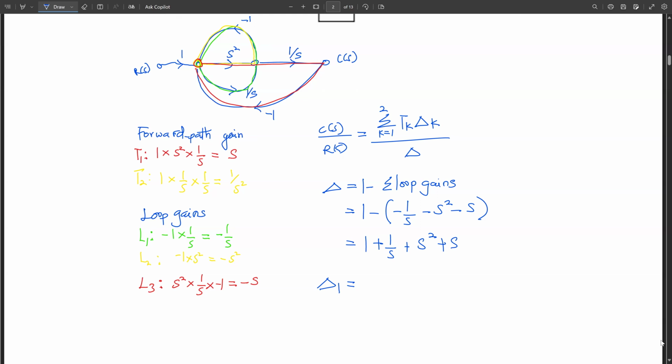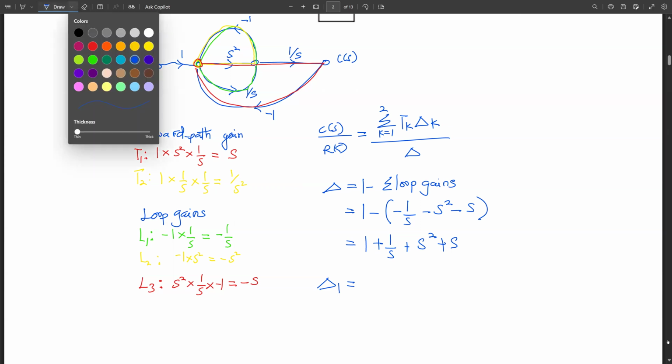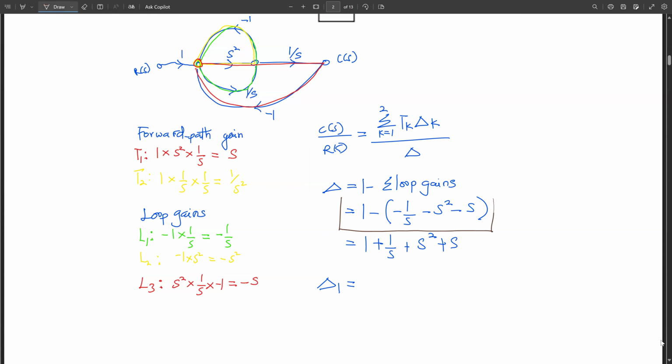This is the first forward path, and I can see that the green loop has a common node with that first forward path. So we eliminate the green loop from this function here. For now, concentrate on what I've written here, right?